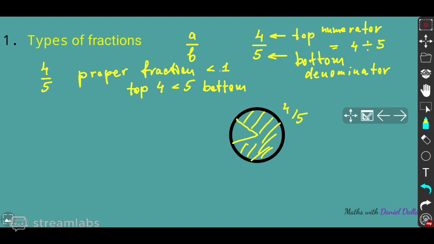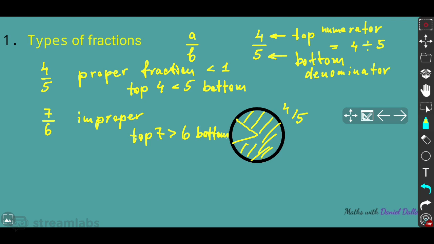What if we have the top more than the bottom one? Let's take 7/6. In this case, the fraction is improper. So the top, 7, is more than 6, which is the bottom one. And we call that an improper fraction.